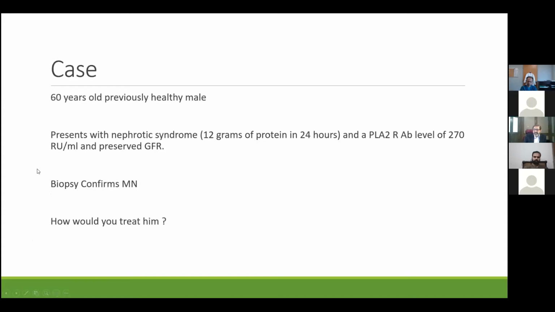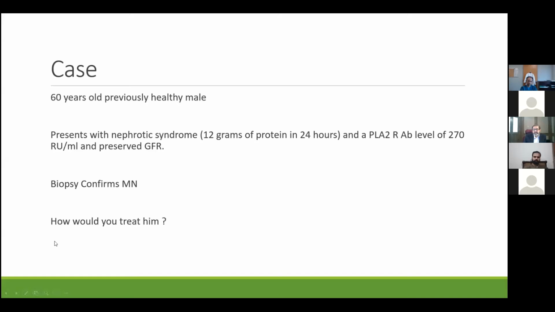So this is a case that I had sent out. This is a 60 years old, previously healthy male who presented with nephrotic syndrome, about 12 grams of protein in 24 hours and a PLA2R antibody level of 270 relative units per ml, and preserved GFR, biopsy confirmed membranous nephropathy.